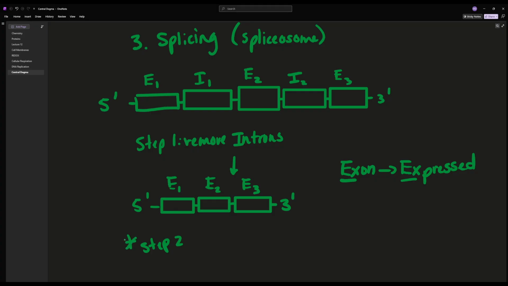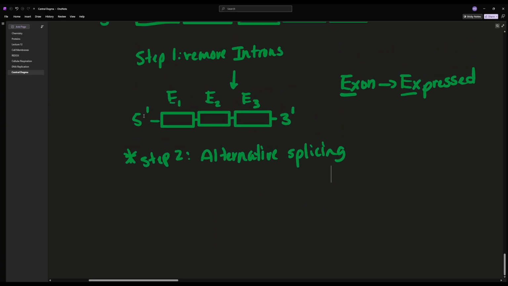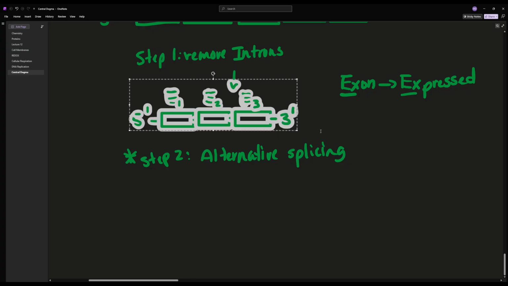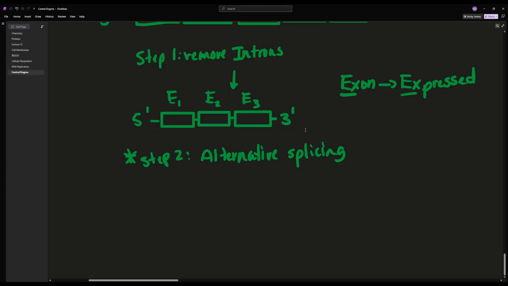Doesn't necessarily have to occur, but often does, which is alternative splicing. Which is basically removing exons to generate different proteins. So here we have one possible mRNA transcript that can be produced.